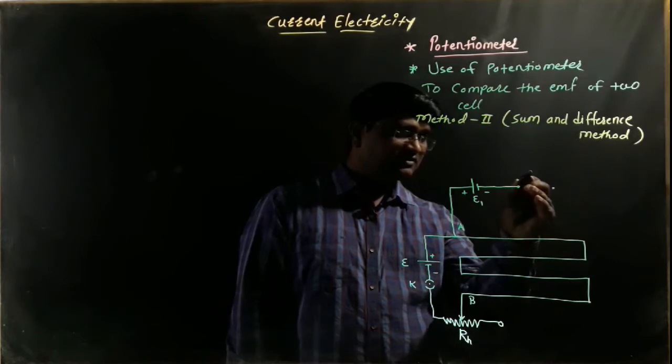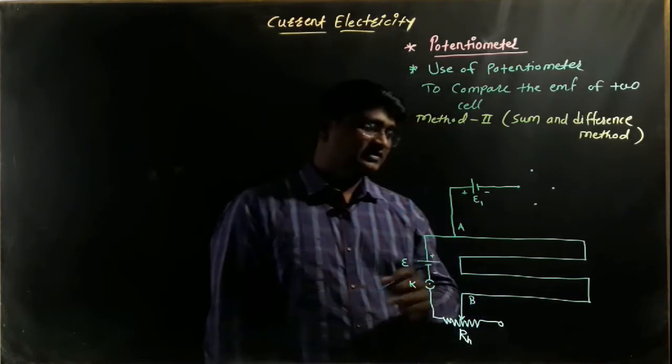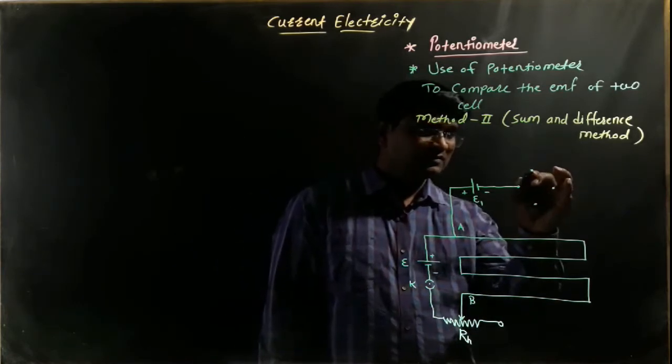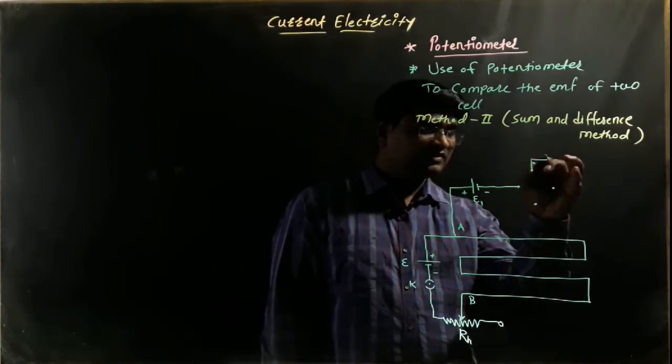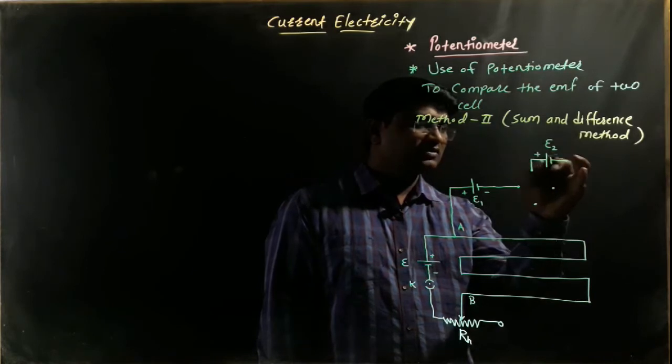To this key we connect another cell, denoted by epsilon 2.